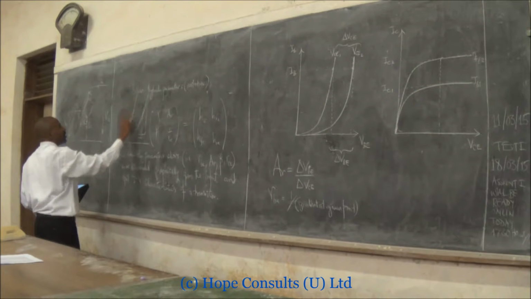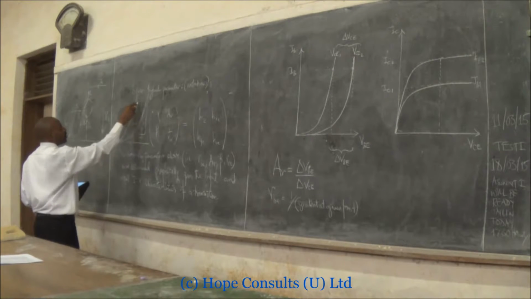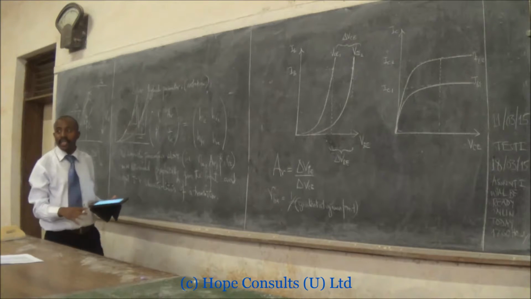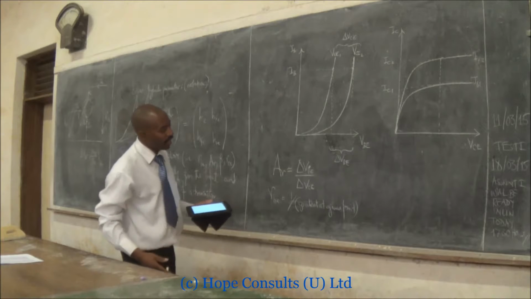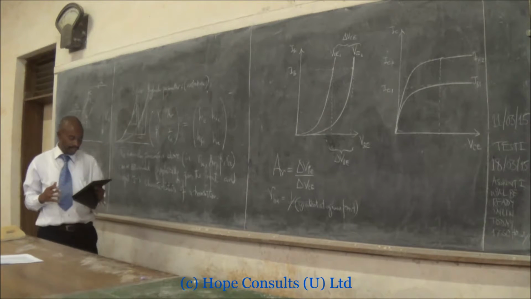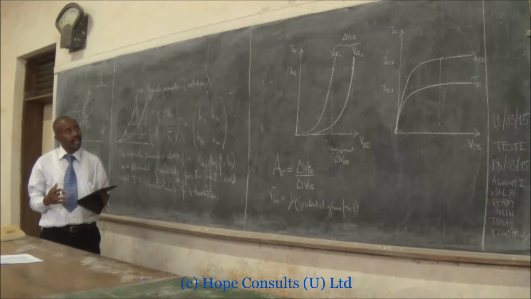You can take a tangent here, you get a slope. You take a tangent here, you get a slope. So by taking the gradient and taking 1 over, you get the RBE. And we want RBE being the same as 1 over delta IC by delta IB.